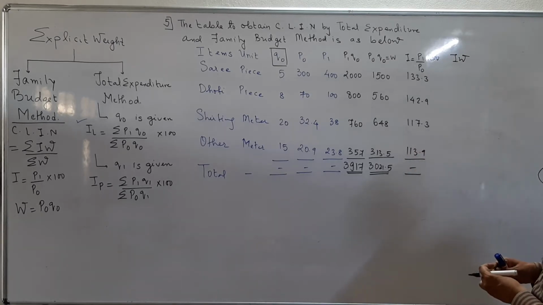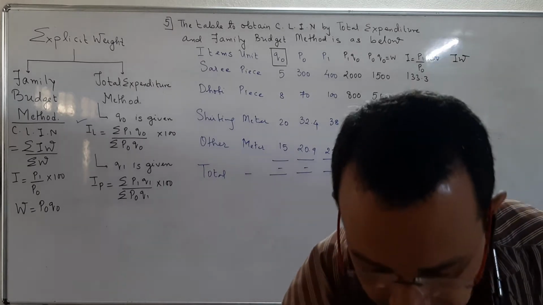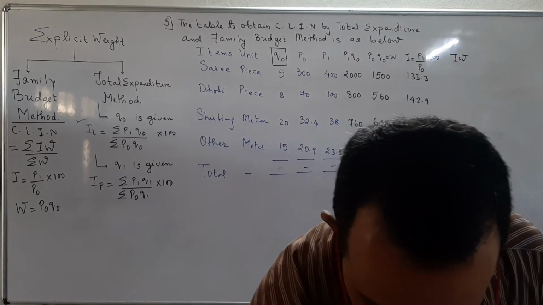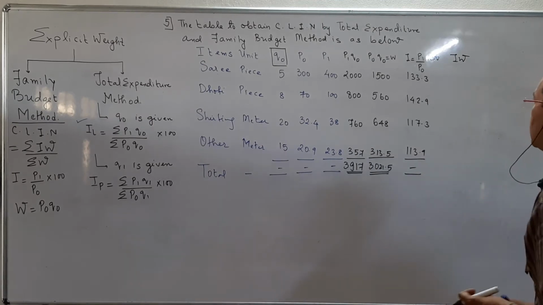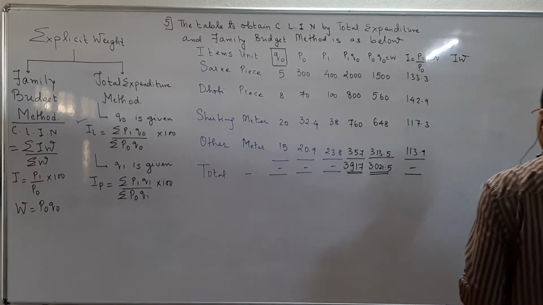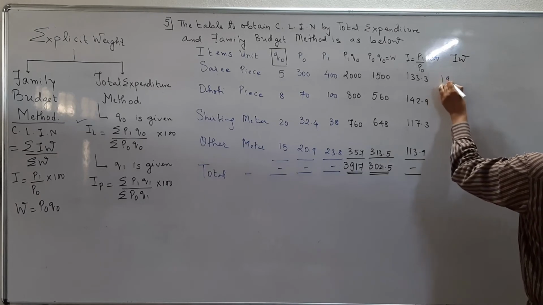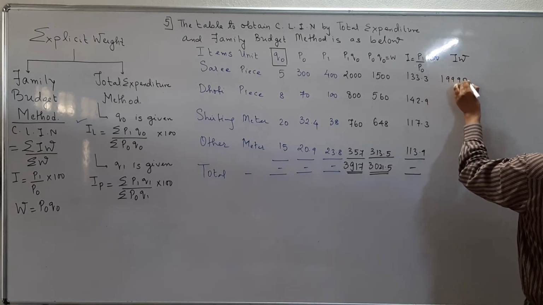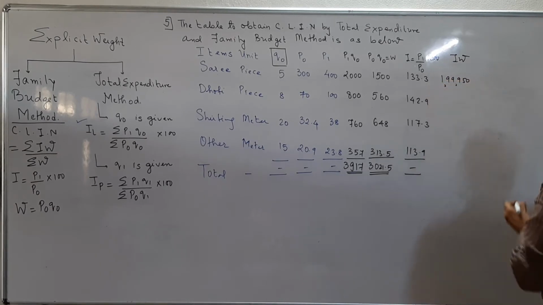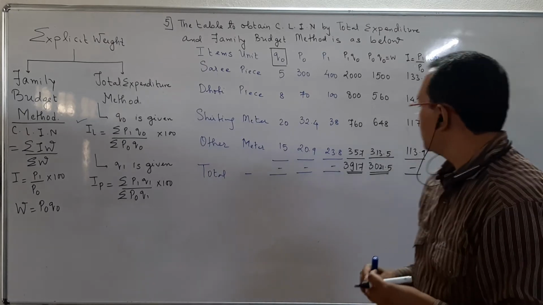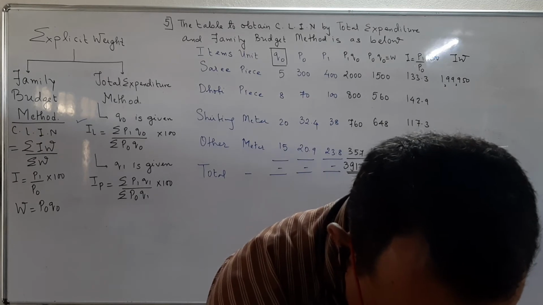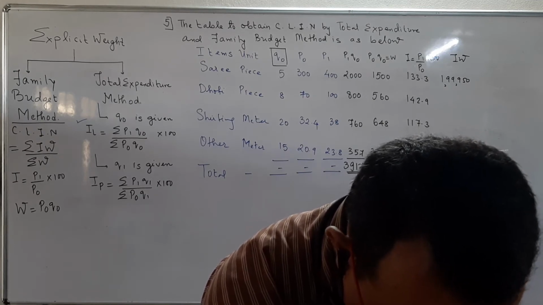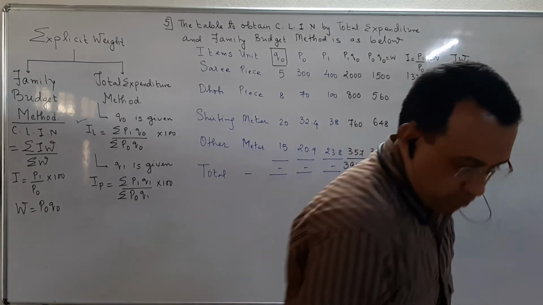Now I will do 1500 into 133.3. That comes out to be 1,99,950. 142.9 into 560 comes out to be 80024.